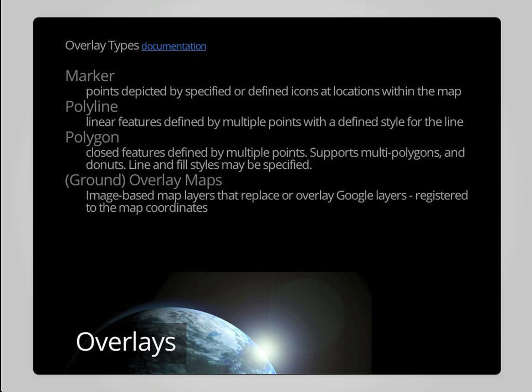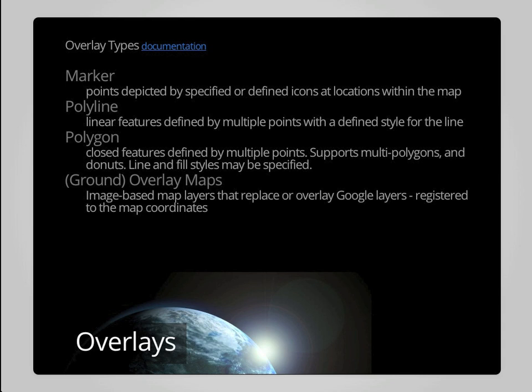Those are all examples of polyline type overlays that you could potentially combine with a Google map that is defined simply by a sequence of points, where you can also define the style for the display of that line in terms of thickness, color, etc.